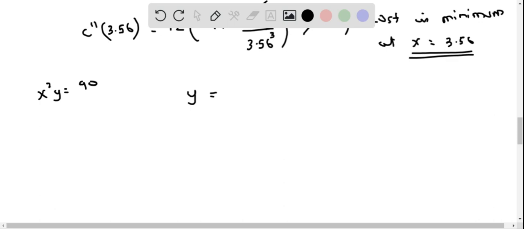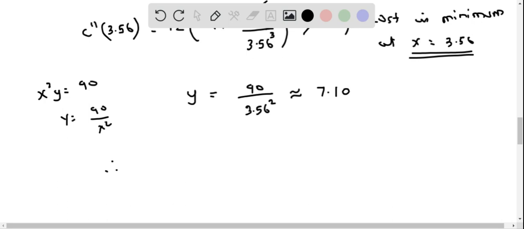Solving for y from this, we get y equals 90 over x squared. So let's plug it into this equation. 90 over, replace x by 3.56, we get 90 over 3.56 squared. And when we plug this into the calculator, we get approximately 7.10.